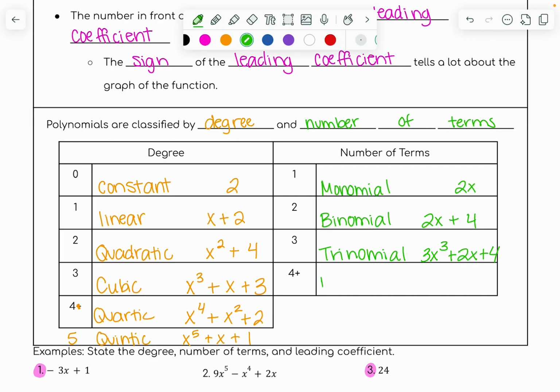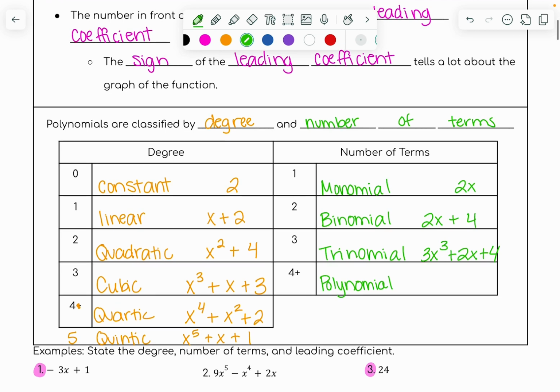And lastly, we have a polynomial. So anything 4 or greater, we refer to as a polynomial. So this would be like 2x cubed plus 3x squared plus x plus 4. There are 4 terms there, 4 things that are being separated by pluses and minuses.